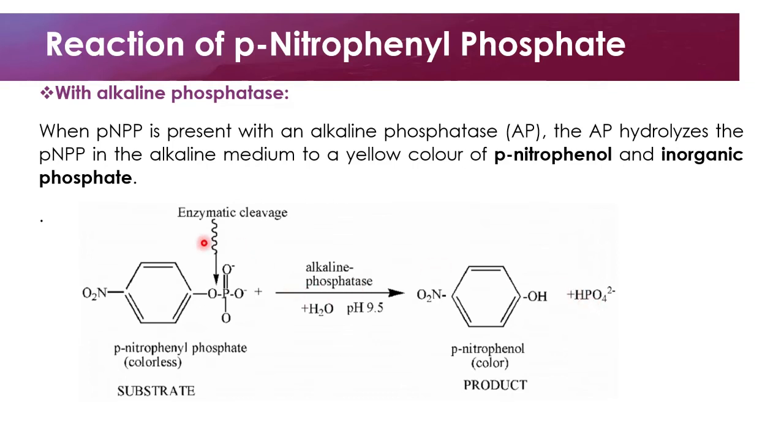So again, this is the reaction showing the enzymatic cleavage by the alkaline phosphatase of the artificial substrate p-nitrophenol phosphate to produce yellow p-nitrophenol and an inorganic phosphate.